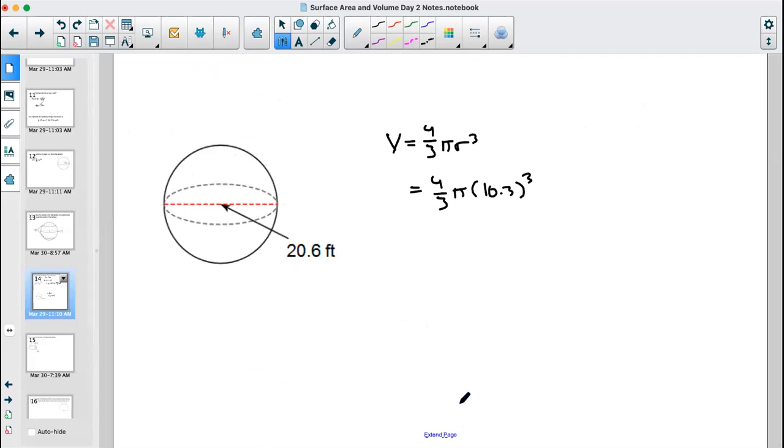This is when you use your calculator. 10.3 cubed is 1,092.727. That number times 4 is 4370.908.